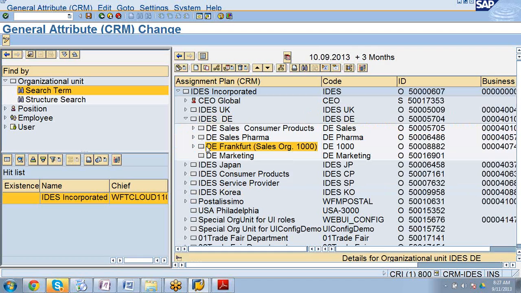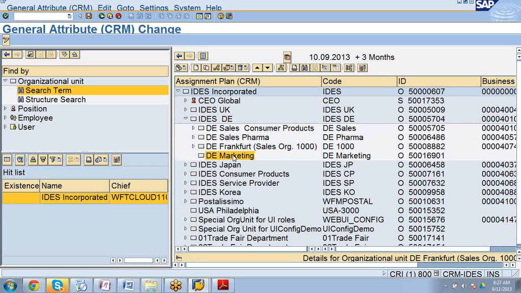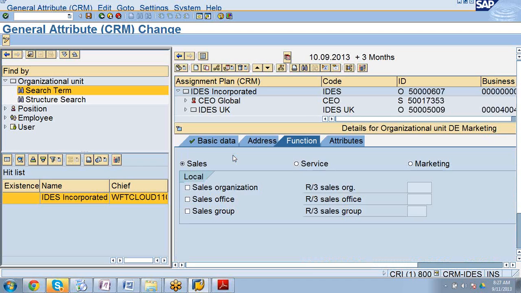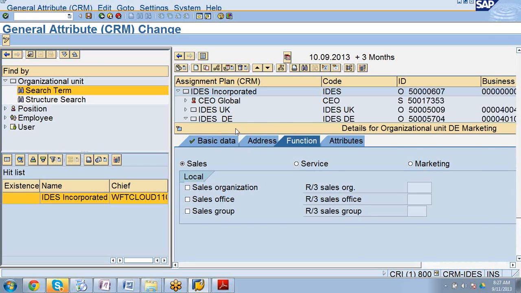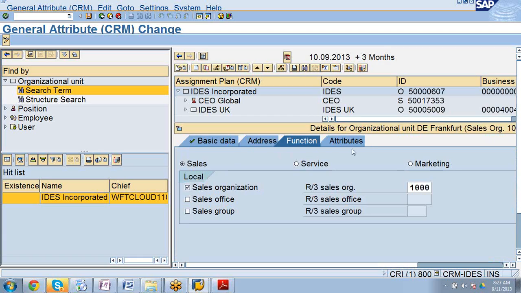When I come to IDS Frankfurt, can you see this 1000, all of you? Yes, sir. So again I'll go back to D, marketing, it is empty because it's not assigned. So you have written the screen, all of you, details for org unit? Yes, sir.